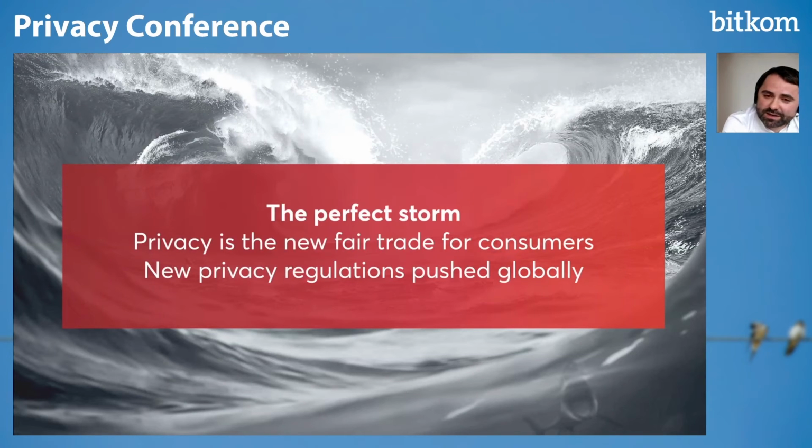What we can see in the market is that consumers demand a privacy-first approach. The Gartner review on data privacy and personal data highlighted that privacy has become a reason for consumers to buy a product, in the same way and fashion as organic or fair trade products have driven product sales in the past decade.